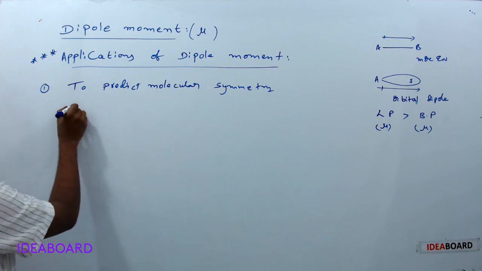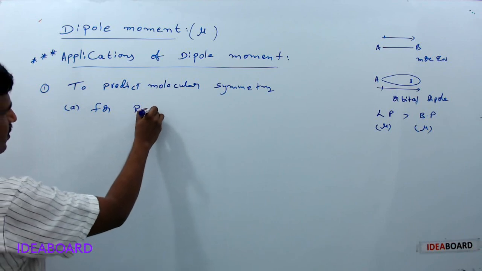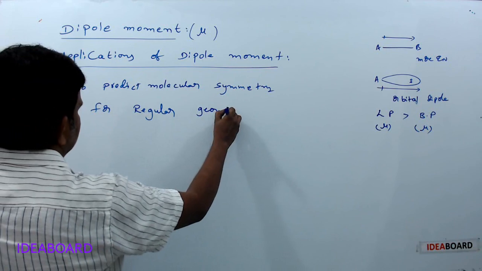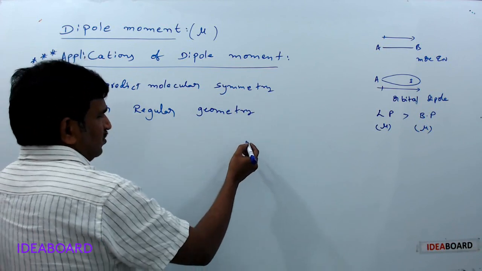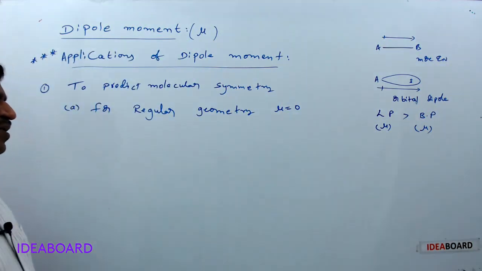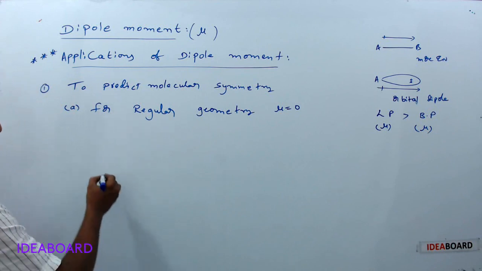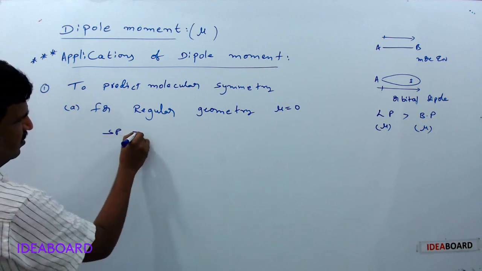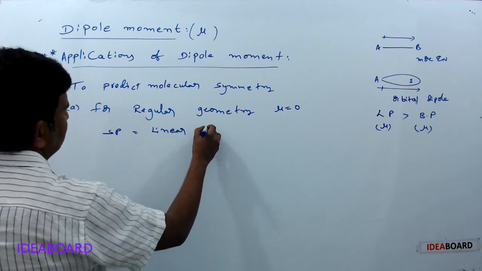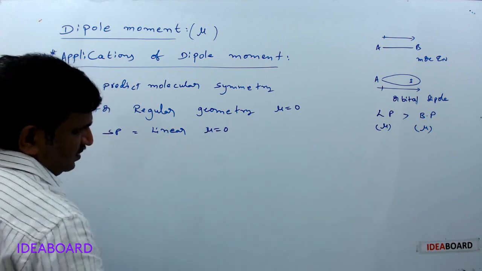Generally remember, the first point I am telling: for regular geometry, dipole moment is equal to 0. A molecule having a regular geometry has dipole moment equal to 0. For sp hybridization, if its geometry is linear, please remember, then the dipole moment value is equal to 0.